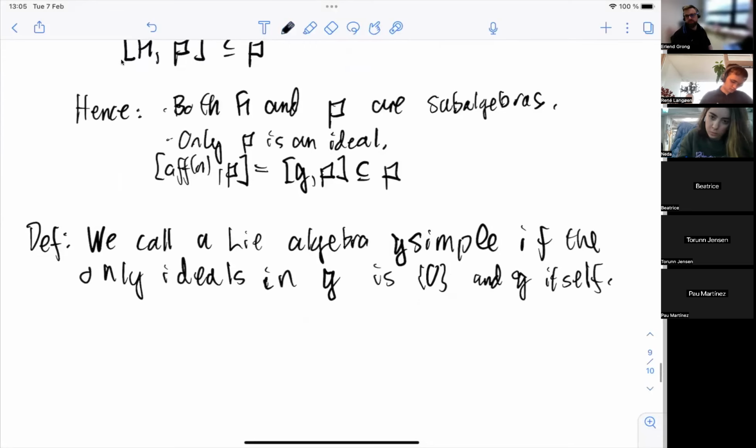So 0 will always be an ideal, the full group will always be an ideal, and then we call it simple if that is the only ideal that we have. So let's write this a bit better.